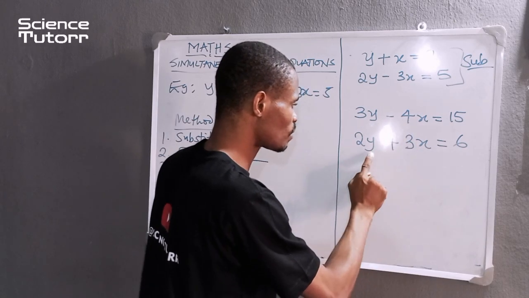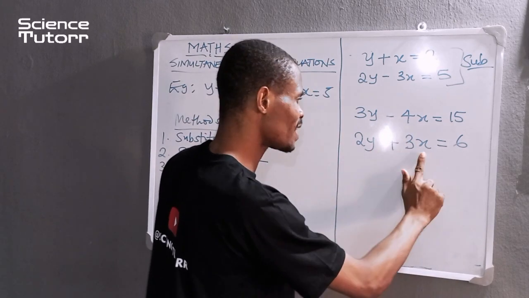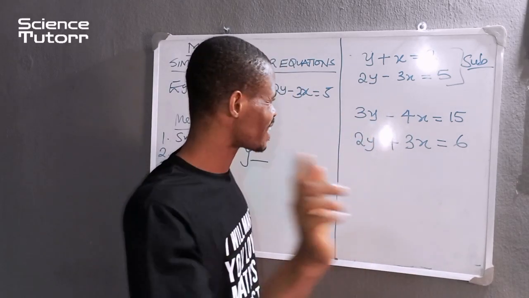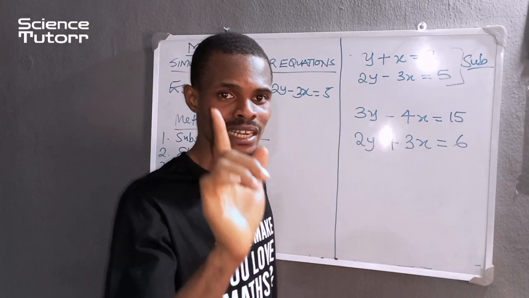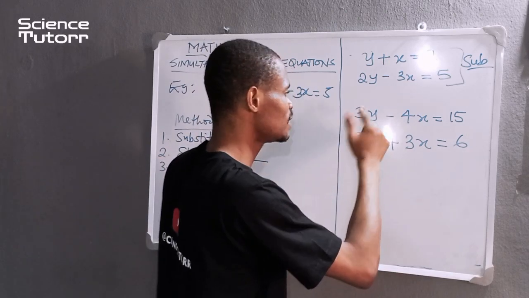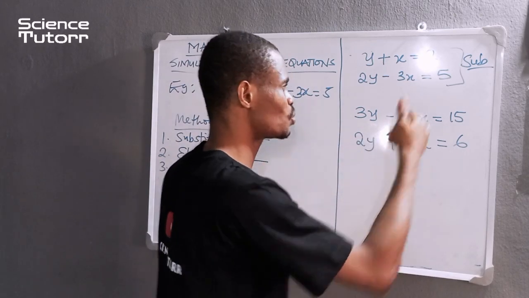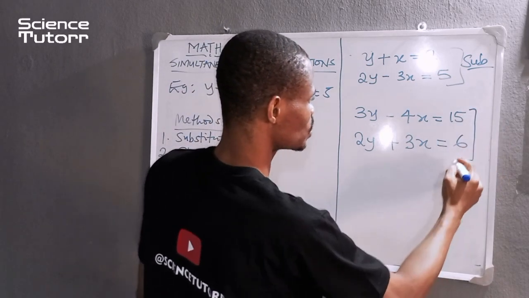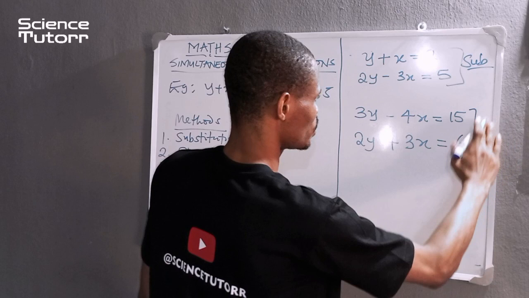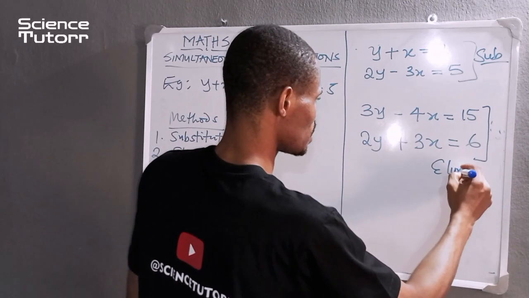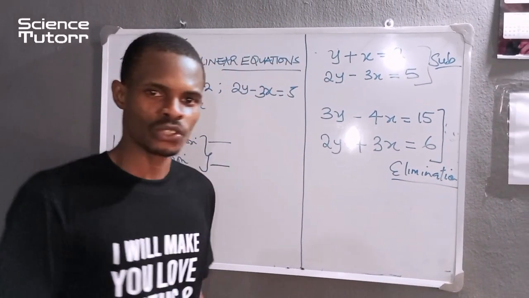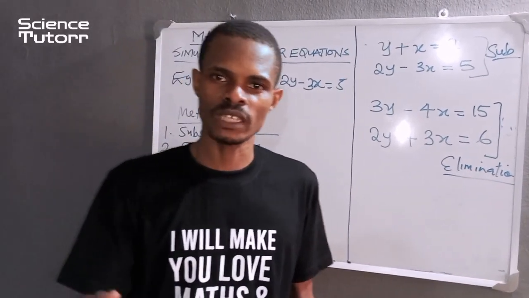You can see each of the letters has a coefficient. So whenever there are numbers in front of letters, it is better to use the elimination method. In this case, elimination method will be suitable for calculation. So we shall be taking a series of examples.